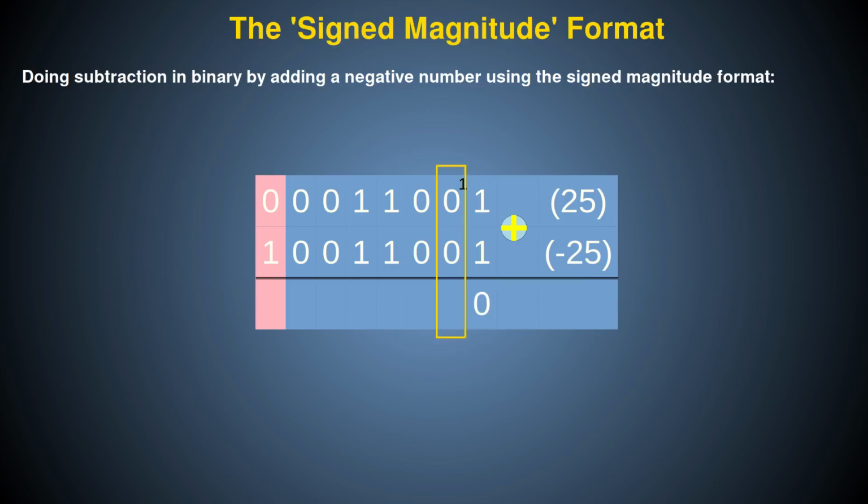In the next column, 0 plus 0 is 0, but we also add the 1 we carried over, so the final result here is 1. 0 plus 0 is 0, 1 plus 1 is 2, so we put a 0 and carry 1. 1 plus 1 is 2, so we carry 1, and we would have put a 0 here, but we have to add the 1 we carried from the previous column, so we put a 1 here. 0 plus 1 is 1, 0 plus 0 is 0, and so we get to the sign bit. So if we just do binary addition as normal, we get 0 plus 1 is 1. This gives an answer of minus 50, which is clearly wrong.